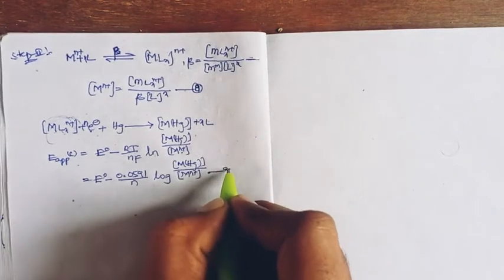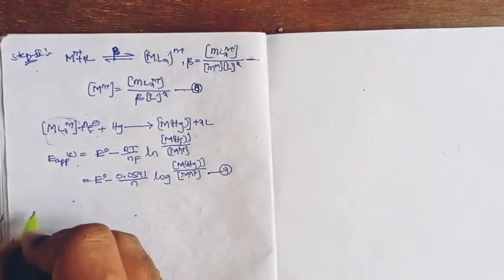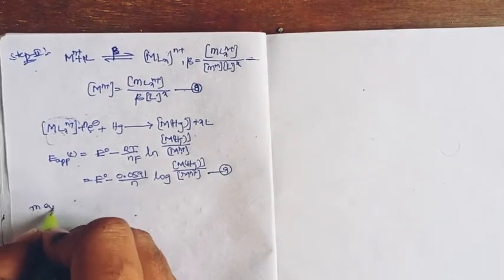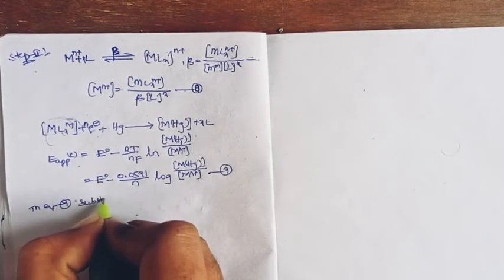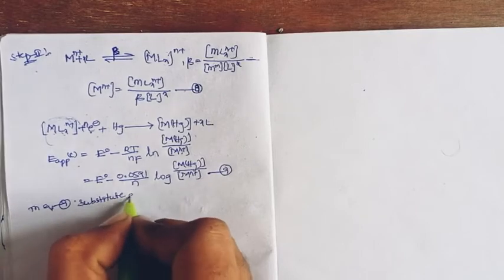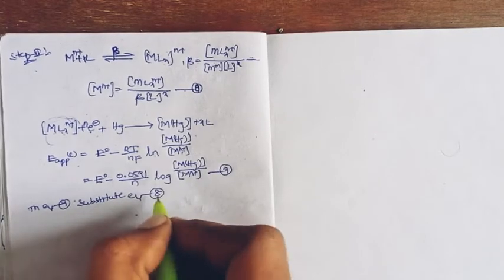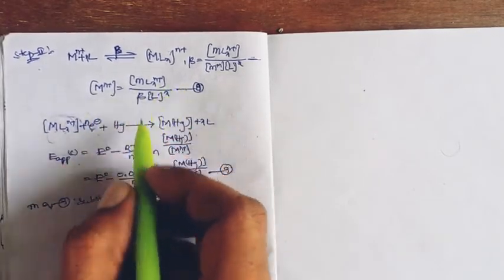This is equation number 9, where we substitute equation number 8 for the metal ion concentration.